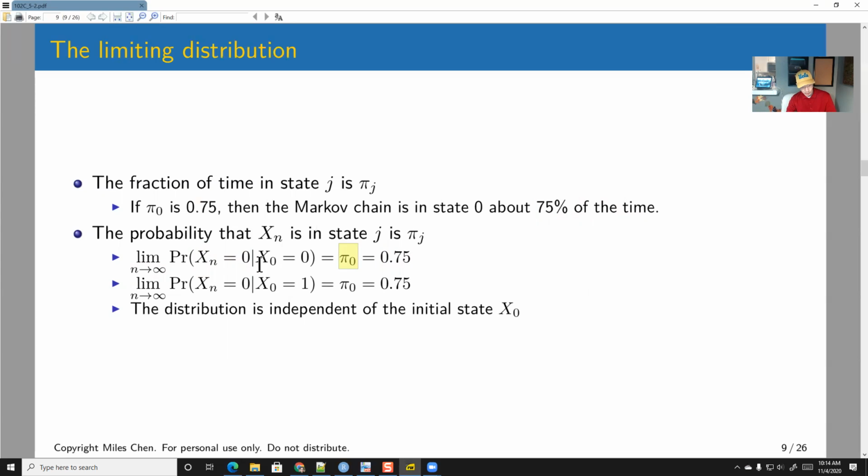And it's going to be pi sub 0 whether the initial state, x at time 0, was equal to 0, or x at time 0 was equal to 1. The whole point of this is that no matter where you start your Markov chain, whether you started it in state 0 or state 1, where you're going to be way into the future is independent of where you started.